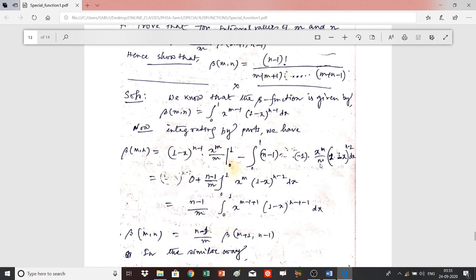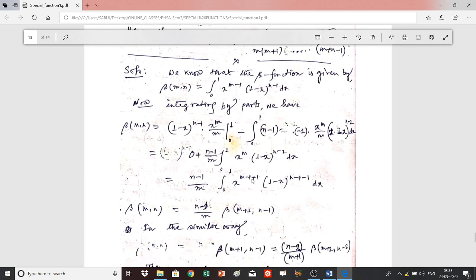After differentiation of this term, another term is left there, (1 minus x) to the power n minus 2, and then dx. The first term, if you use the limits of x, will give you a null result, and then this negative sign will give you a plus sign, so (n minus 1) by m, integral 0 to 1 of x to the power m (1 minus x) to the power n minus 2 dx.